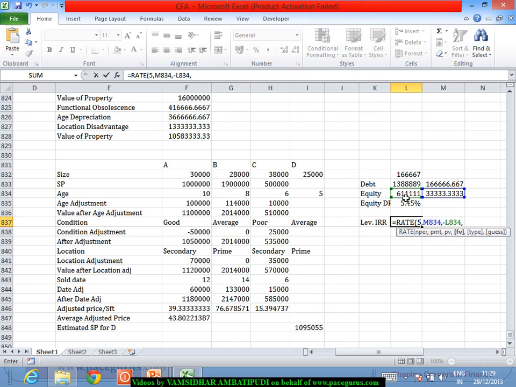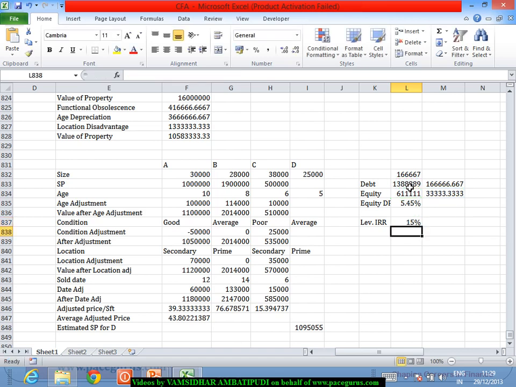2.4 million, and when I am selling it at 2.4 million, I have to repay back the debt. So 2.4 million minus this debt, I am left with that much at the end of 5 years.